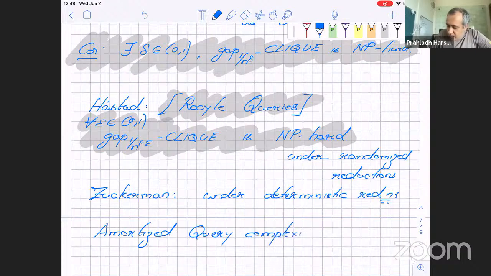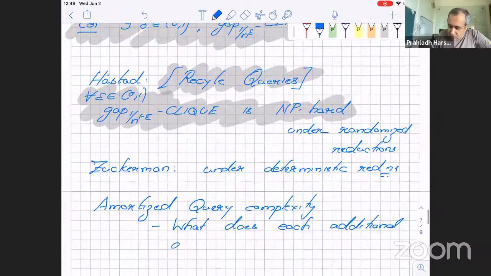That is, what does each additional query cost you in soundness?